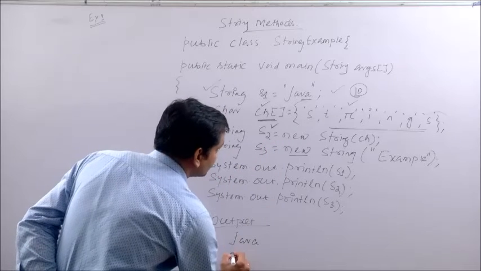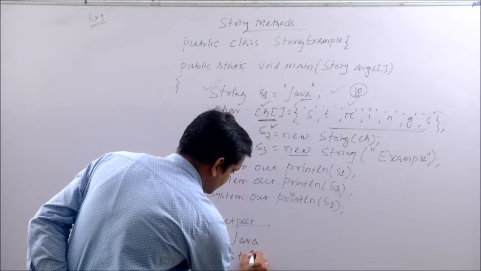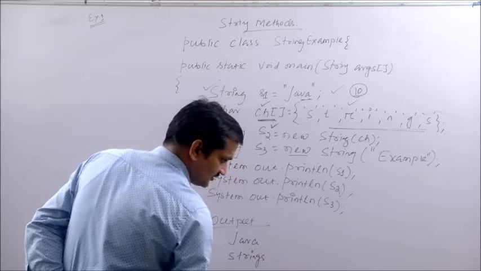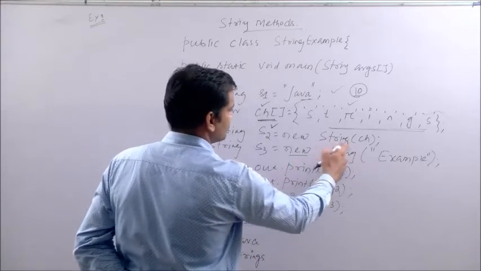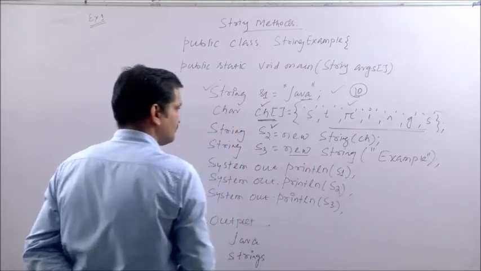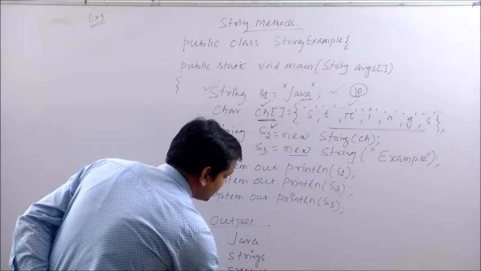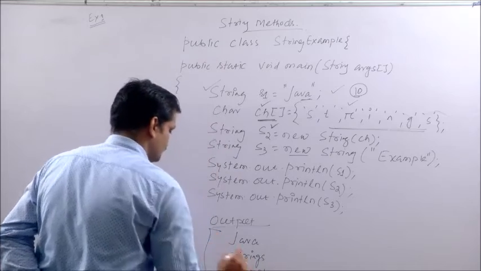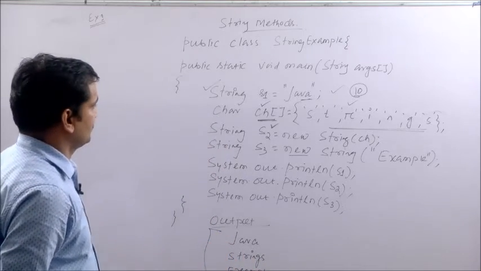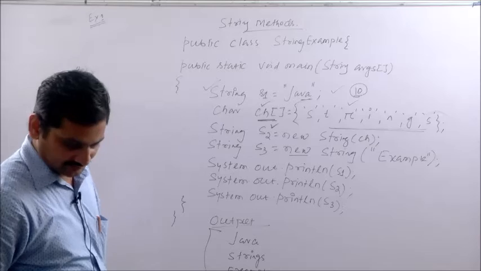So it is going to print strings. And the third string, created by using the new operator, is going to be displayed here, example. So this will be the output. Three ways we can create strings.